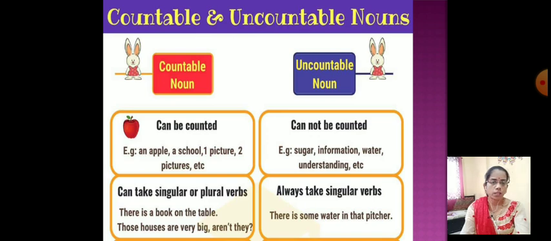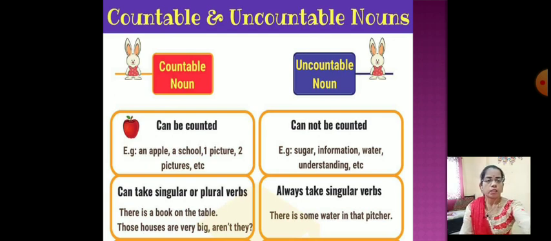It always takes the singular verb. It means with an uncountable noun the verb is always in the singular form. See, with a countable noun, both singular and plural verbs are there. But with an uncountable noun, only a singular verb we can take.